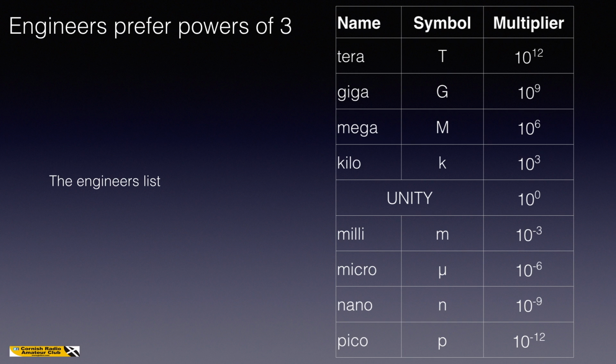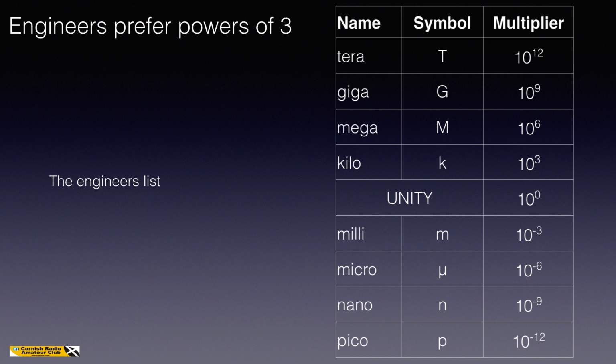And smaller than 1, smaller than unity, milli is 1,000th, micro is 1,000,000th, nano is 1,000 millionth, and pico is 1,000,000 millionth. And you can see there the multipliers, the powers of 10.